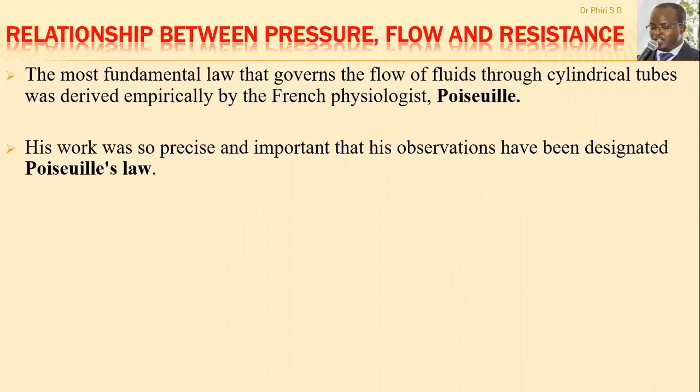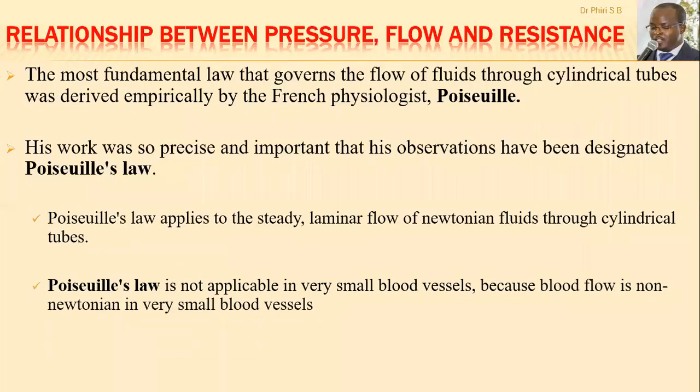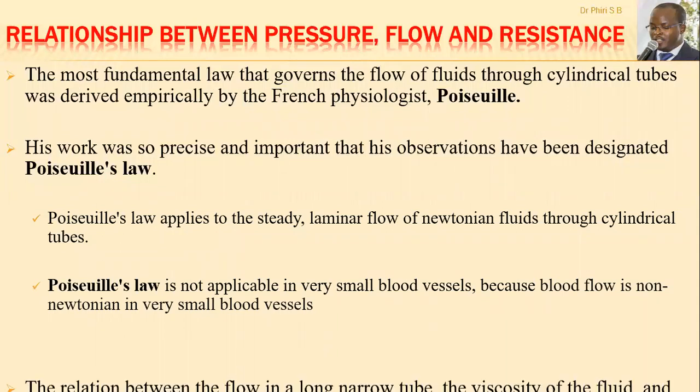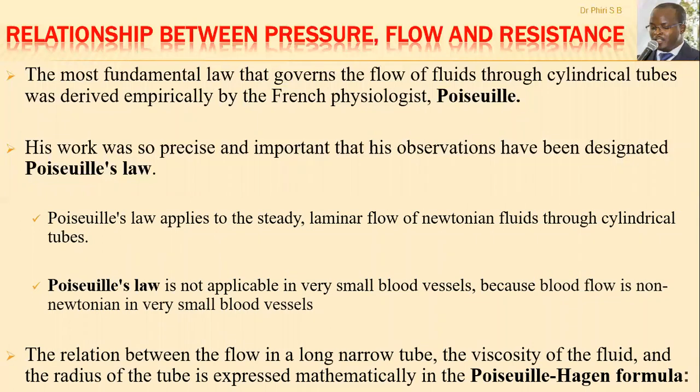So Poiseuille's law governs the relationship between pressure, flow, and resistance. The relationship between the flow in a long, narrow tube, the viscosity of the fluid, and the radius of the tube is expressed mathematically in the Poiseuille-Hagen formula.